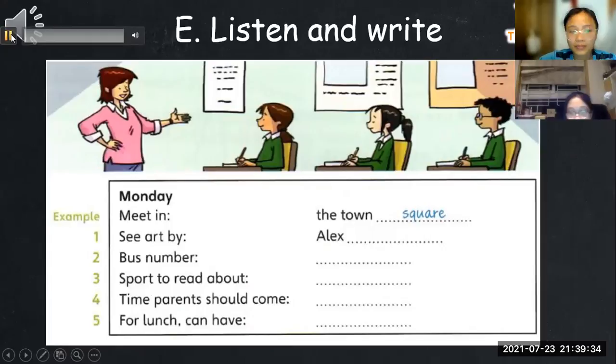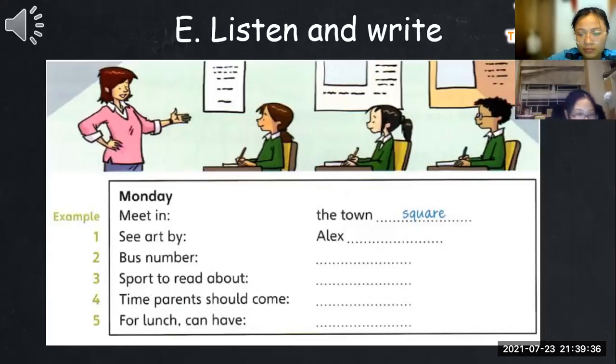8E. School subjects. Listen and look. There is one example. Now, on Monday, remember, we don't have classes because we're going on a study trip that day. Have you got a piece of paper? I want you to write some things.